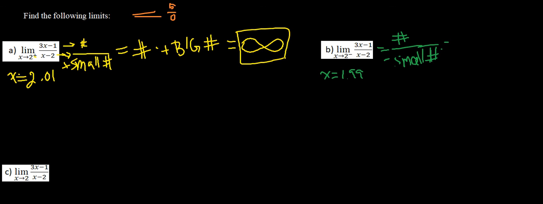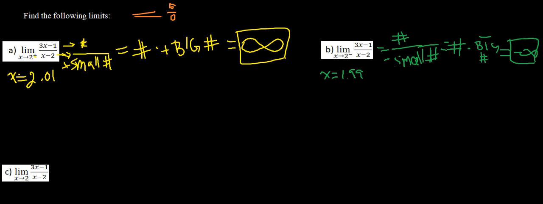And just like the logic before, that's the same thing as a number times a big negative number, and a big negative number I associate with negative infinity. So this limit as a whole is therefore going to be negative infinity.